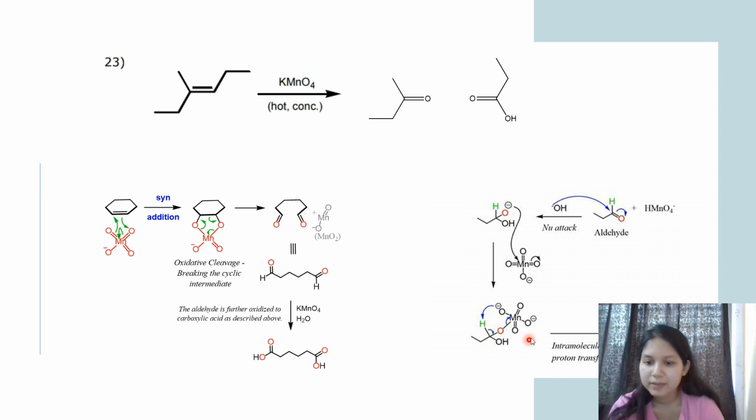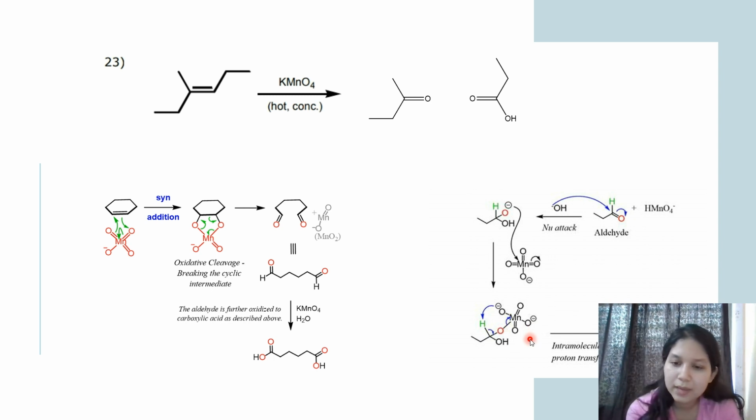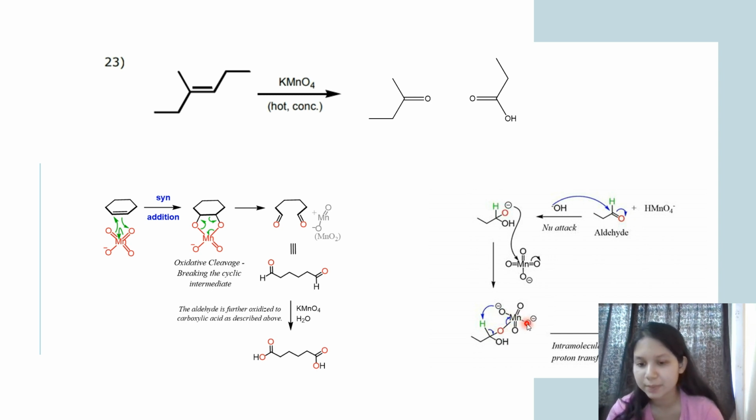Okay, this can also pick up a proton from the system, but since no acidic presence is shown here, maybe it will be in a charged species, but mostly from moisture it will extract a proton to get neutralized and finally contain 2 hydroxyl groups here. Okay, that will be the byproduct.